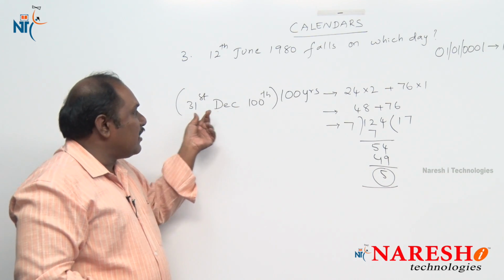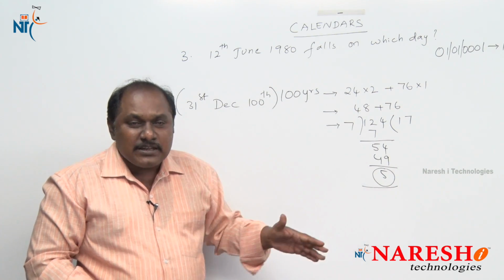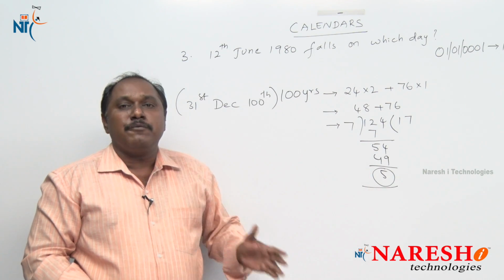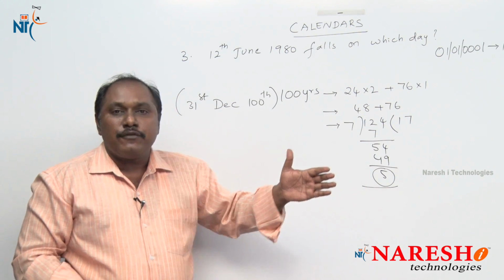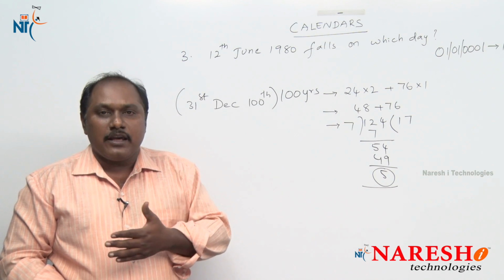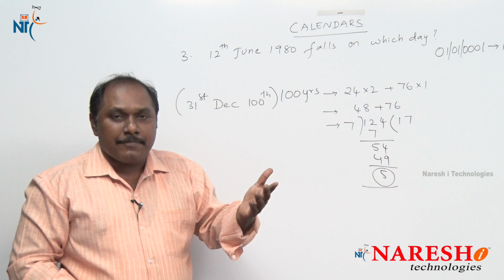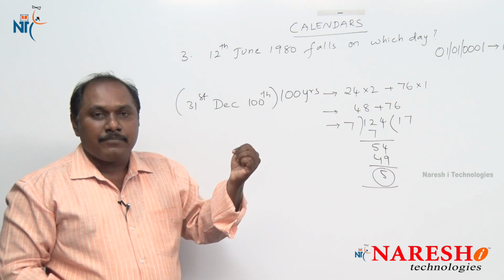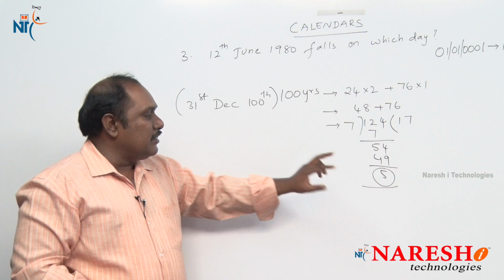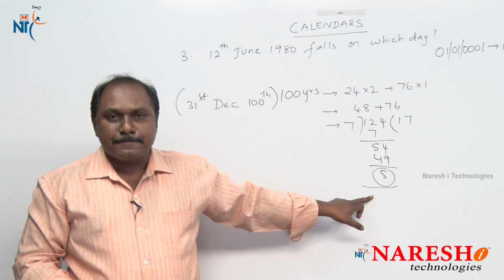Till 31st December of the 100th year, I have 5 odd days. It means that before these 5 days, it should be a weekend, and these 5 days start to form a week starting from Monday. Monday, Tuesday, Wednesday, Thursday, Friday. So 31st December of the 100th year, according to the calendar, should fall on Friday.